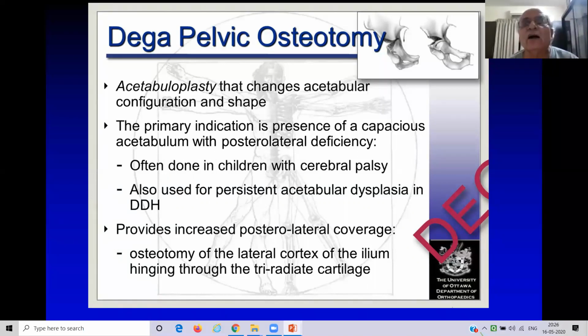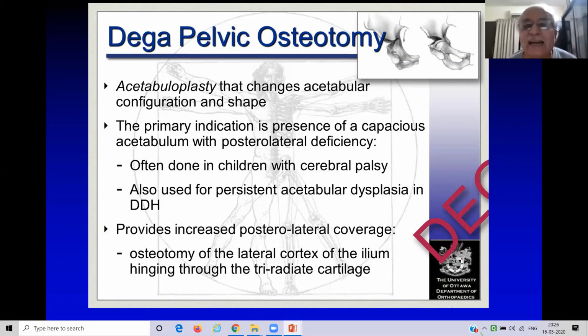But Dega will allow it in cerebral palsy and polio, it will address the posterior part, because the osteotomy hinge is not anterior, it is more posterior. It's also used for persistent acetabular dysplasia in DDH, and provides increased posterolateral cover. Again, I'm telling you, it is an osteotomy of the lateral cortex of the ilium, and we do not cut the medial cortex.